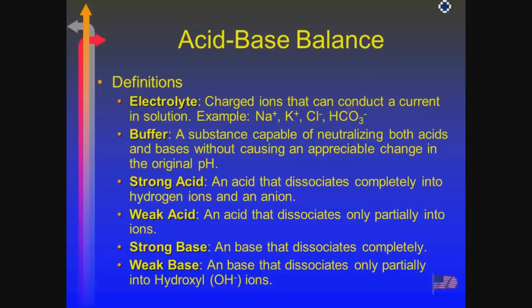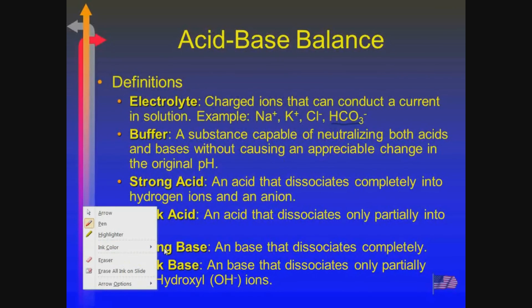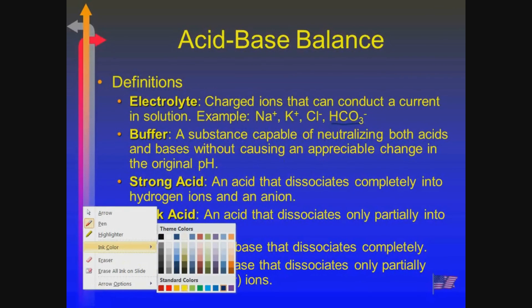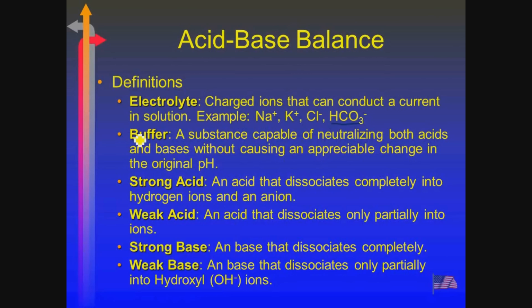All right, some terminology. Electrolyte we talked about previously. These are charged ions. And we're going to look at ones like bicarbonate as being our important one. The term buffer is basically a mechanism by which acids or bases can be neutralized so there's not a big change in pH.